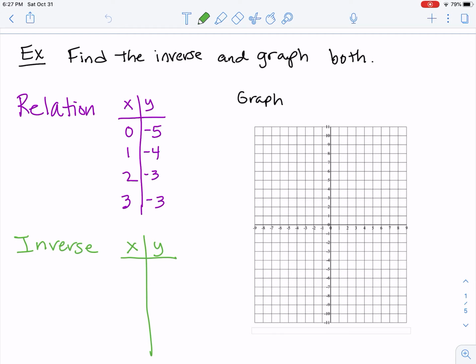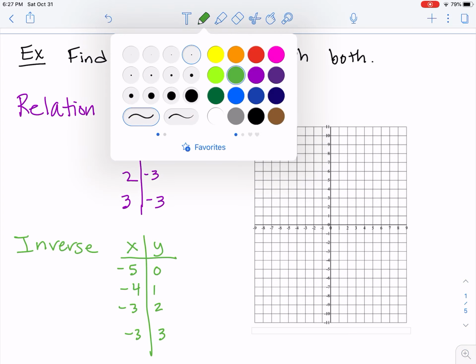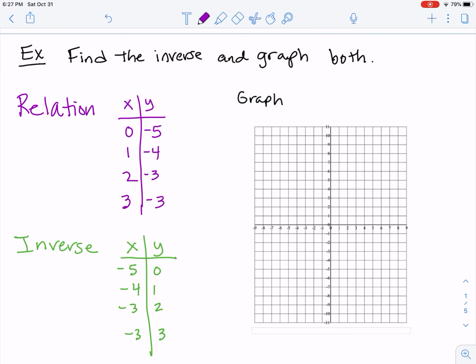In other words, your x and y values trade places. So that's going to be (-5, 0), (-4, 1), (-3, 2), (-3, 3). All right, let's go ahead and graph. Let me grab the purple. We're going to graph (0, -5), (1, -4), (2, -3), (3, -3).